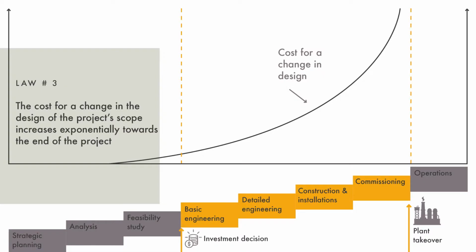The cost for a change in design in the project scope increases exponentially towards the end of the project. Well, this can be naturally understood: the later we do a change, the more it affects many other things that the project has already been doing.